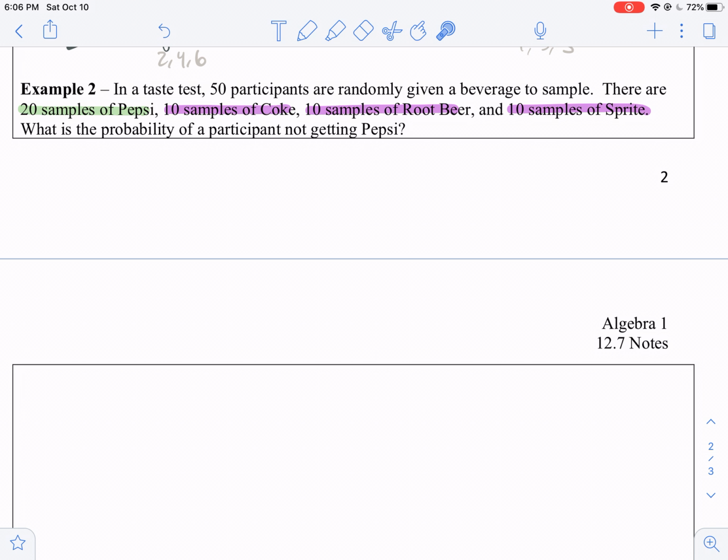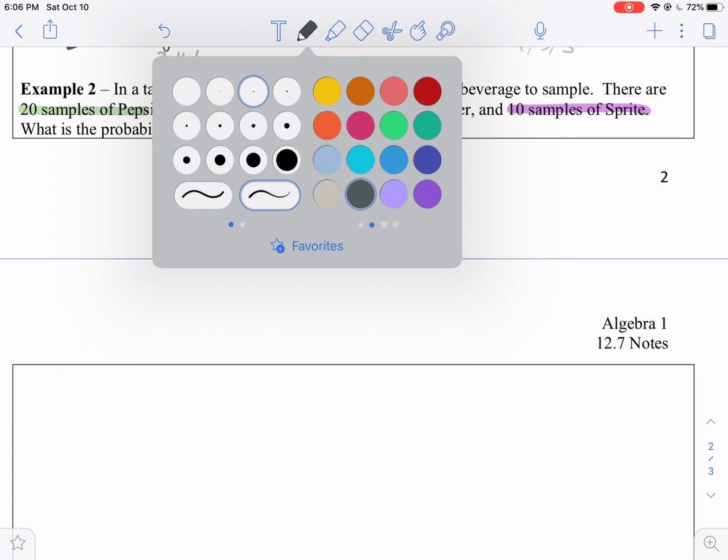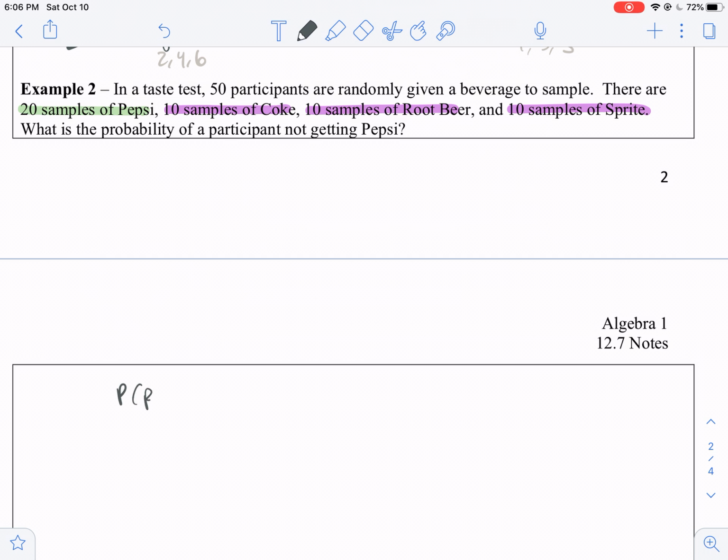So the probability of a participant not getting Pepsi: all we're going to do is find the probability of Pepsi, which is 20 over 50, which is 2/5, which is 40%. And then we find the complement. What is not that?